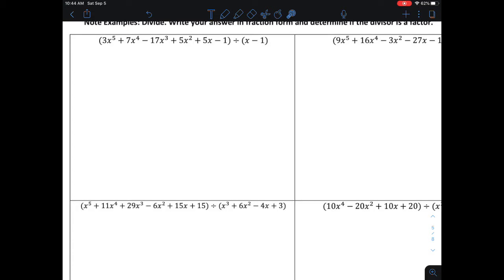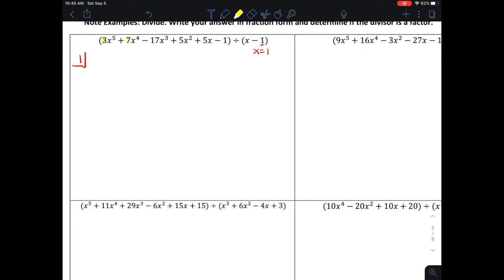So the way synthetic division works, you take the 0 of this factor. The 0 of this factor is x equals 1, and I'm going to put 1 in the box. Then you write the coefficients of the polynomial you're dividing, written in standard form.